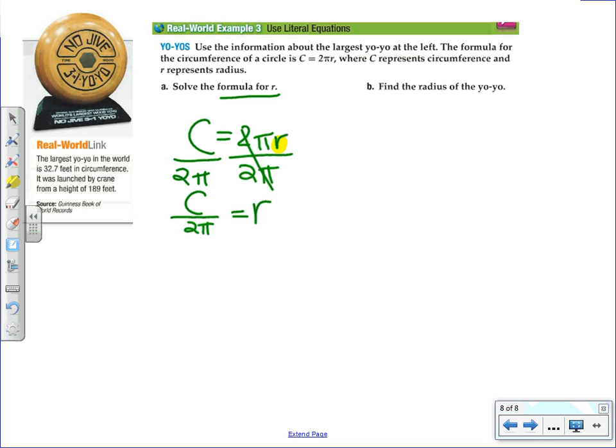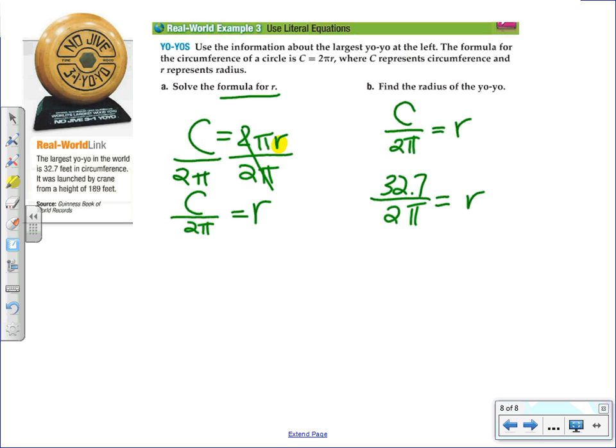And then we can find the radius of the yo-yo because we know c over 2 pi equals r. We know the circumference is 32.7 feet and 2 pi, and we can find r.